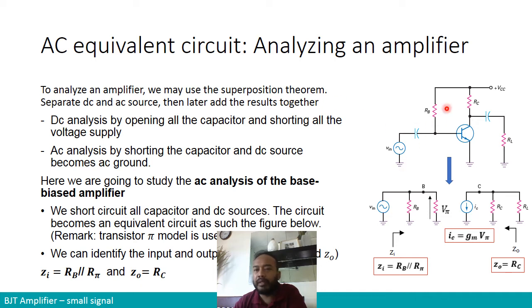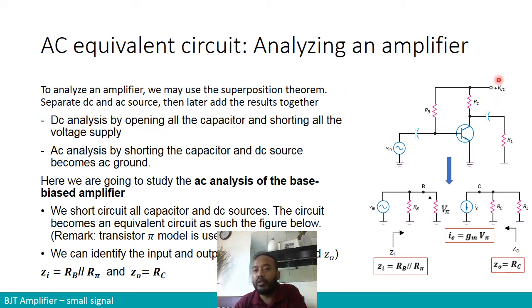If we have multiple sources, you remember from basic electrical principles courses, you need to use the superposition theorem to separate DC and AC sources, calculate them separately, and later add together the results. Okay, so I'm not going into the details of that. So the first thing is, of course, to do DC analysis.